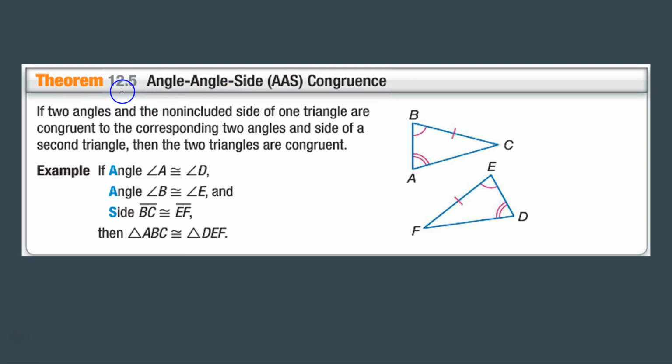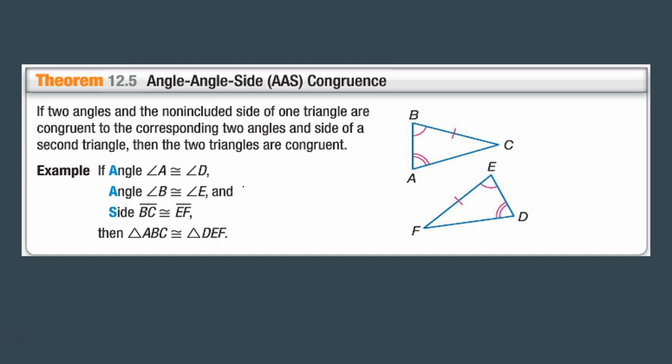Then we have Theorem 12.5, which is angle-angle-side congruence, also known as AAS congruence. If two angles and a non-included side of one triangle are congruent to the corresponding two angles and side of a second triangle, then the two triangles are congruent.